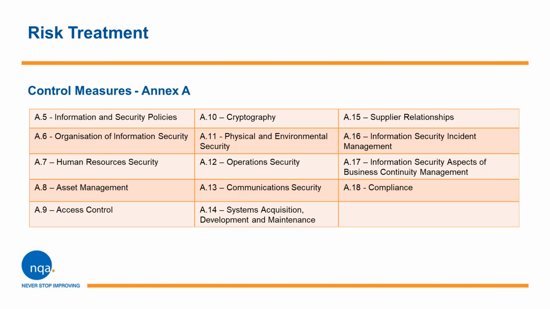A16 is information security incident management. So these are the controls for reporting events and weaknesses, defining responsibilities, response procedures, and also collection of evidence. This is quite an important control clause if you're looking for things that relate to, for example, GDPR.